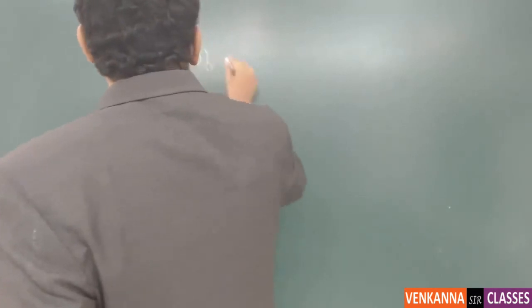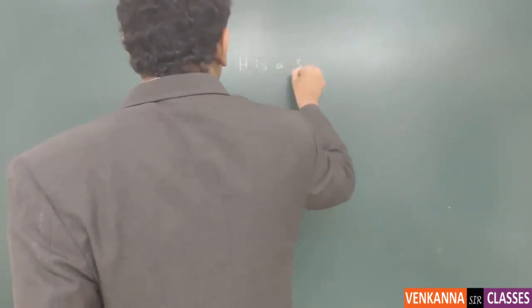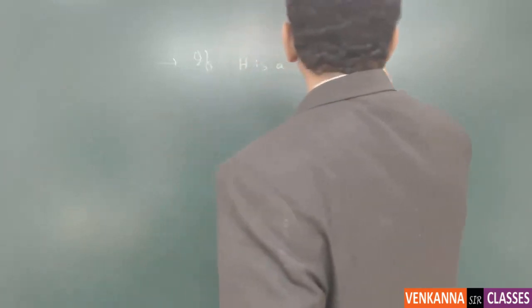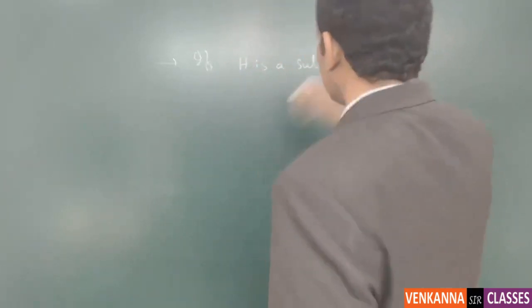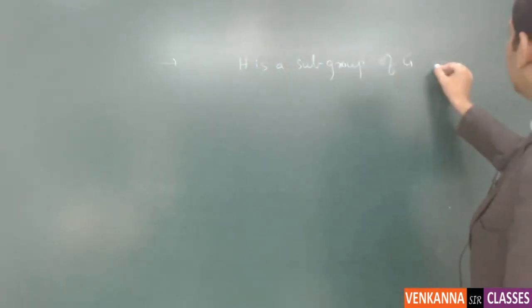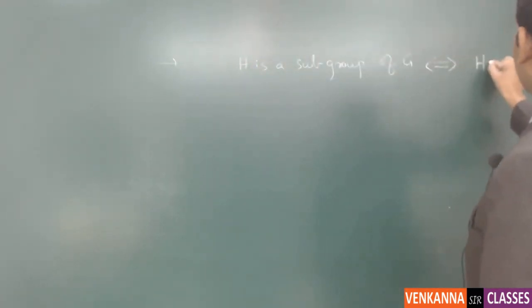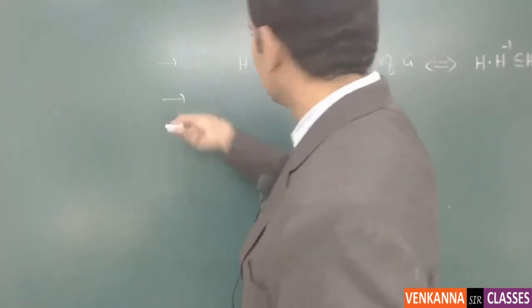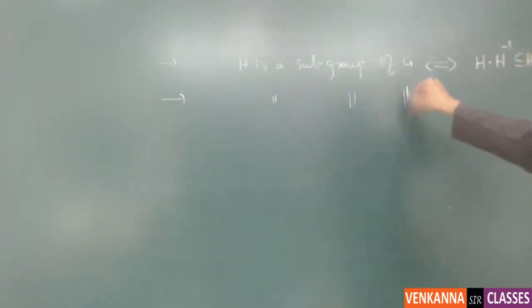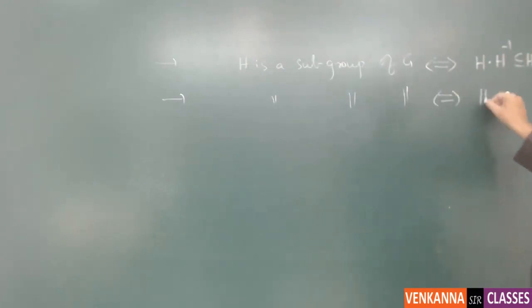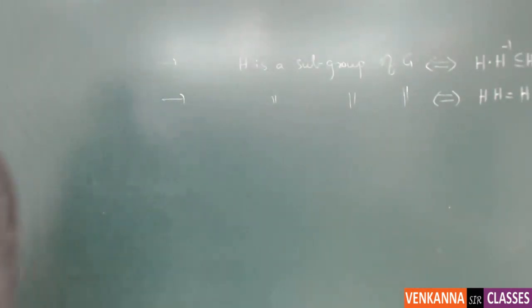One is, H is a subgroup of G if and only if H inverse is a subset of H. Second result, if H is a subgroup of G, then H times H equals H. These are two good results. Please take a note of them.